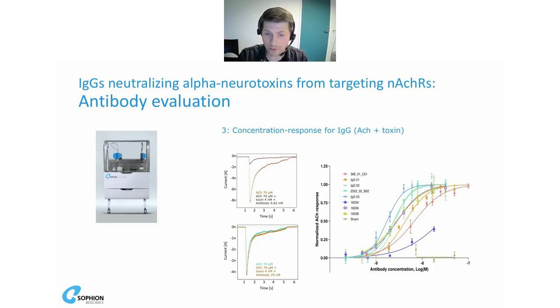To determine whether a range of different IgGs could neutralize the inhibiting effect of alpha-cobratoxin, we tested 7 different IgGs and found IC50s for these IgGs. In this way we are able to rank which IgGs have the largest neutralizing potential. I can also reveal that the top candidate has now been tested in mice, and we see some really promising results from these mice.